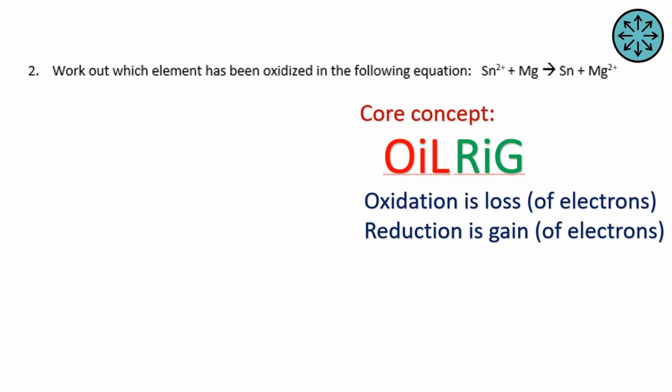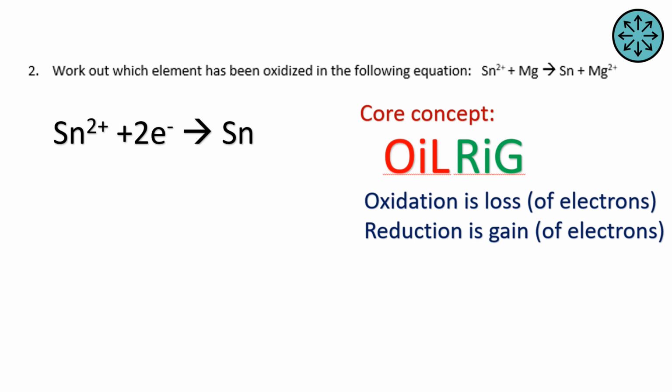Okay, so first of all, then I'm going to have a go at those half equations. Now, for some reason, every question I've given you has had a 2+. That's just a coincidence. It could easily be an ion with a 1+, or a 2+ or a 3+. Sorry about that. Anyway, so I've got a tin ion with a 2+ charge, and I'm making a tin atom.